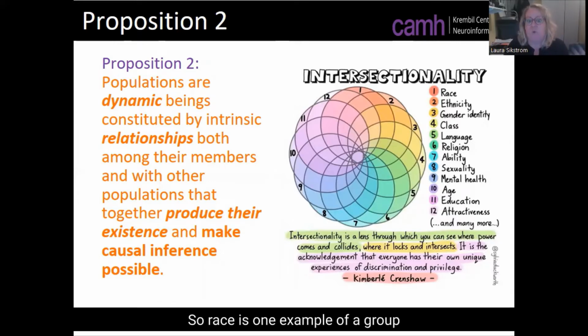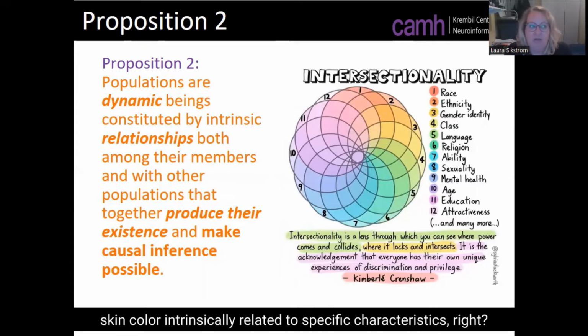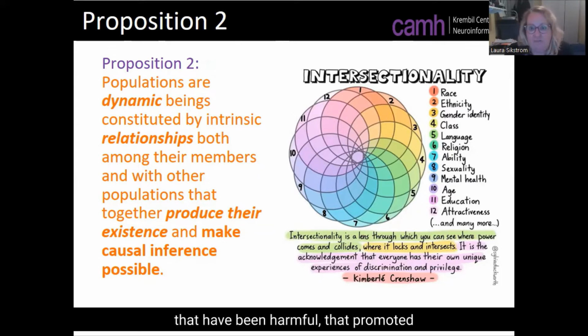So race is one example of a group of people that have been historically defined by skin color as being intrinsically related to specific characteristics, right? So these are racial stereotypes that have been harmful, that promoted all kinds of inequities in society.